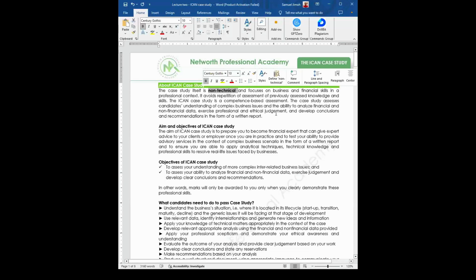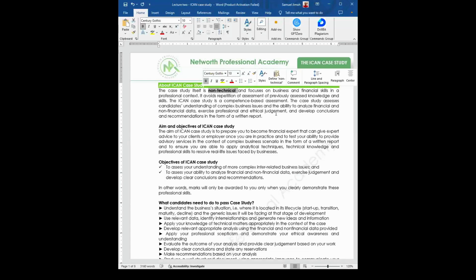case study is not designed to test your ability to do basic computations, maybe some complex computations that you have been taught under CR, FR, SFM, PM, maybe BMF, and other papers that you have done calculations in before, and the ones you are still writing in your final paper.